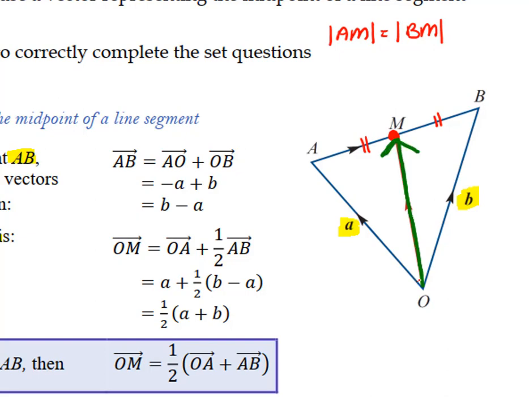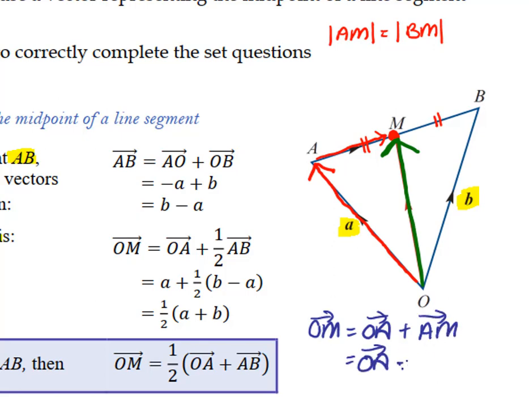So I start where vector OM starts, and I can go from O to A and then A to M. So OM equals OA plus AM, and we know that AM is a half of AB.